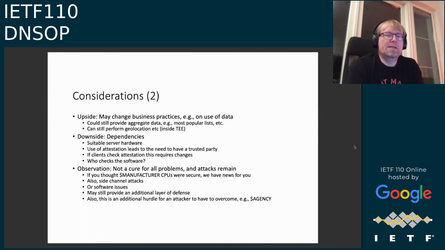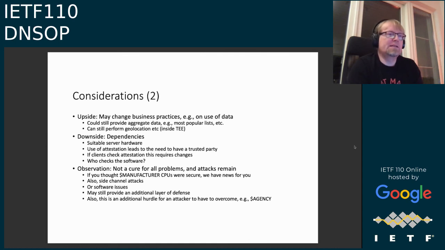There's also dependencies, another downside. So you need suitable server hardware. I think that's largely available, and some of the cloud providers are also providing these services nowadays. Use of attestation leads to the need to have this trusted party that you can go and ask, let's say the CPU manufacturer, is this a good CPU, and do they actually execute in this manner that they claim?